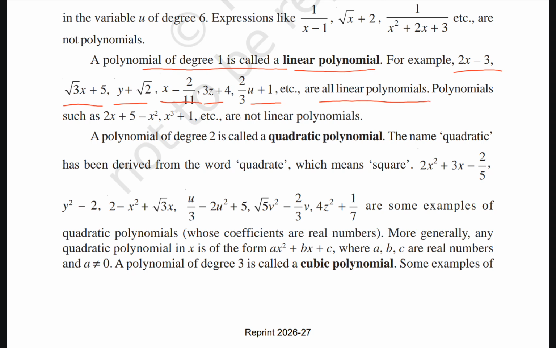Polynomials such as 2x + 5 - x², x³ + 1, etc. are not linear polynomials because they have a degree more than 1. Linear polynomials are the polynomials which have only degree 1.